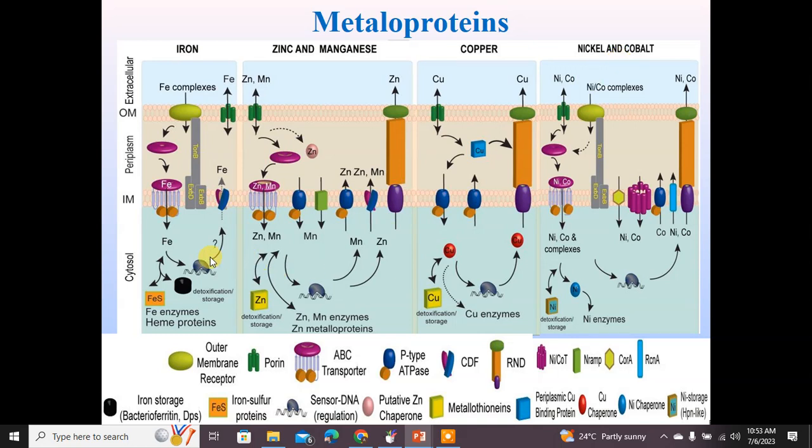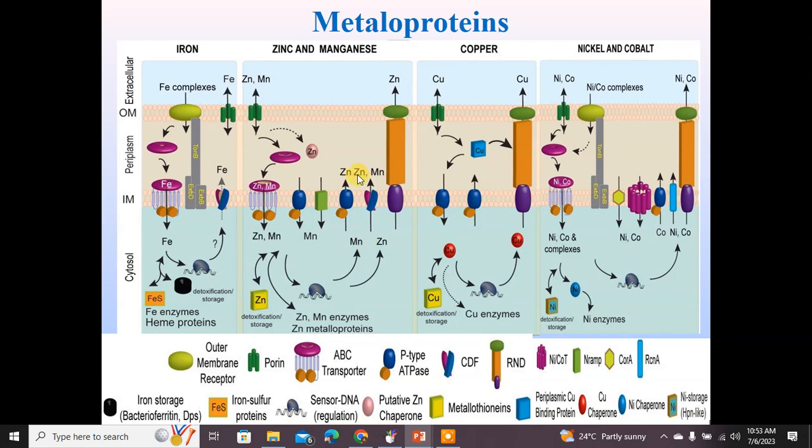So you can see so many proteins require iron for transportation or for different functions. In the case of iron, the classical example is hemoglobin working in your body. Without iron, there will not be hemoglobin.